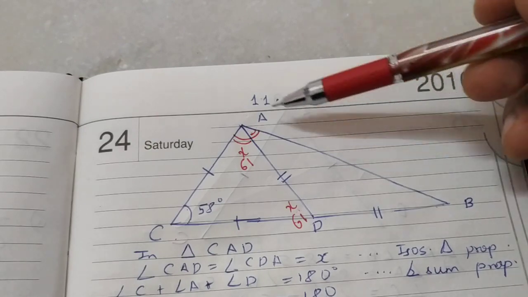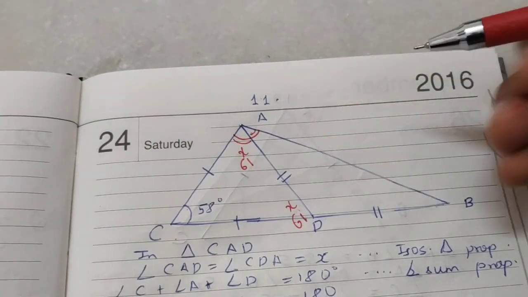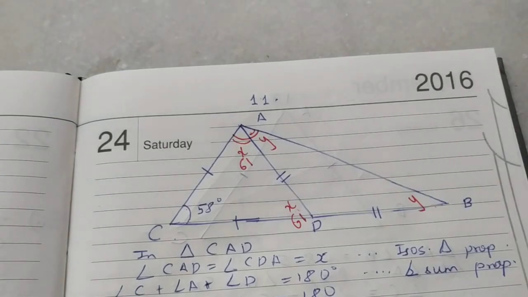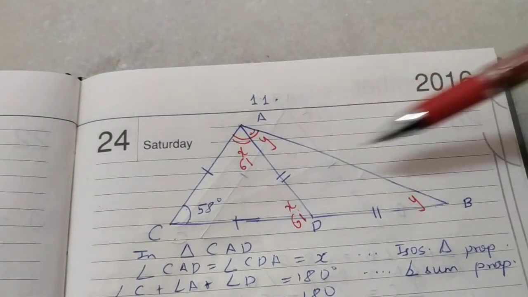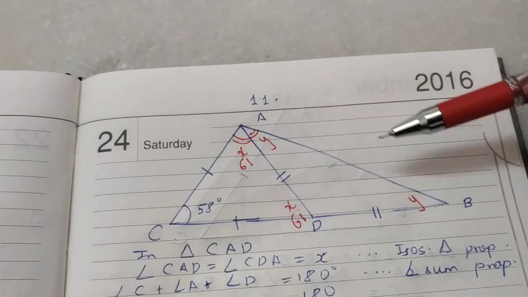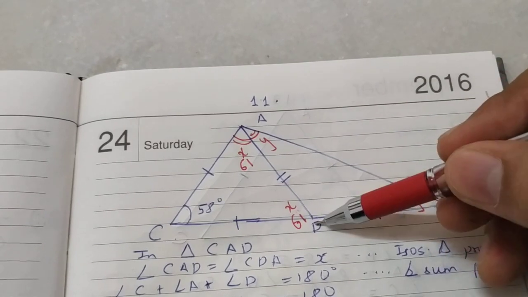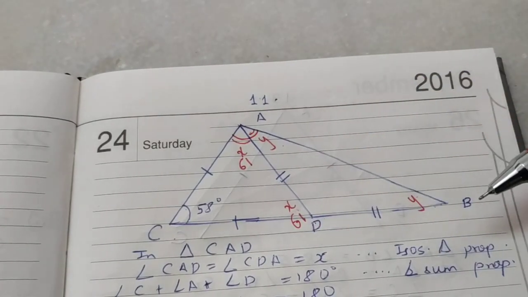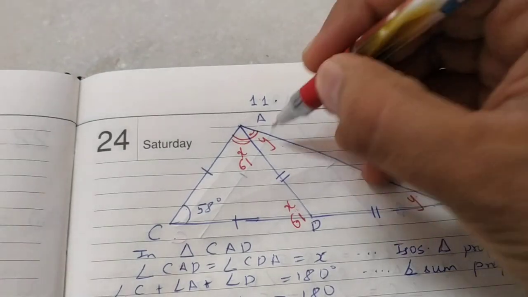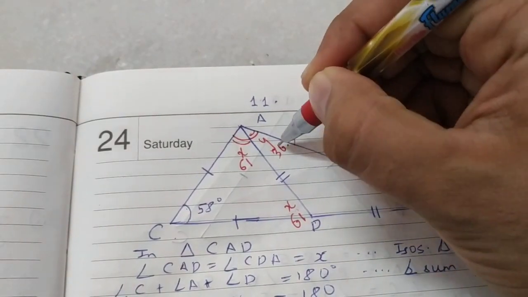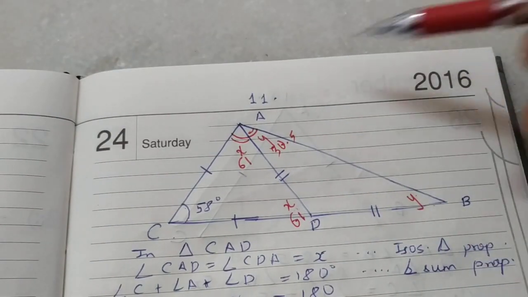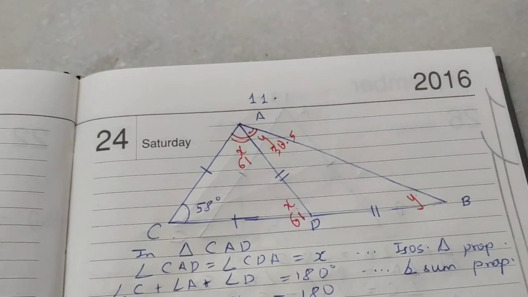And interestingly, in triangle ADB, which is an isosceles triangle, this angle is equal to this angle, which is y. Why are they equal to y? Because of isosceles triangle property. So 61 is equal to y plus y, exterior angle property. So we get y's value as 30.5. So in the end, the total angle is 91.5 degrees.